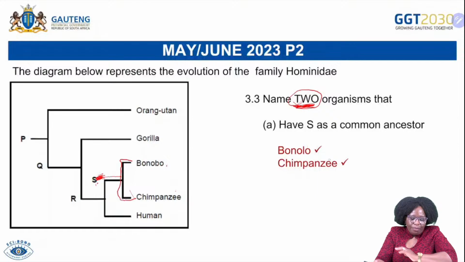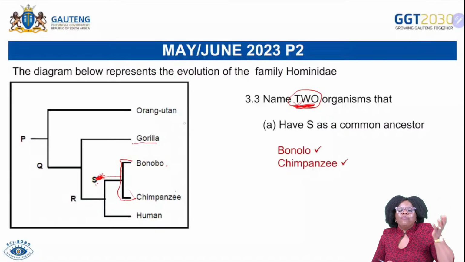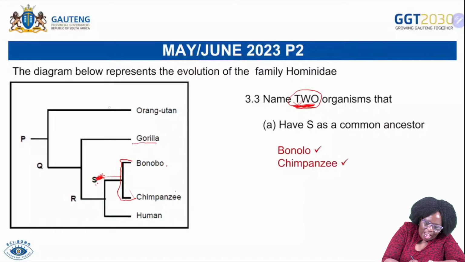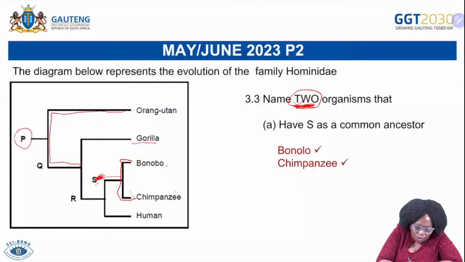Sometimes, from the phylogenetic tree, they can ask you, between the orang-utan and bonobo or gorilla, which one is the most primitive or the most recent. So what you do, you check the connecting lines on your phylogenetic tree. You see this one is directly connected to the most common ancestor. And if you check the gorilla, the gorilla emanated after the orang-utan.